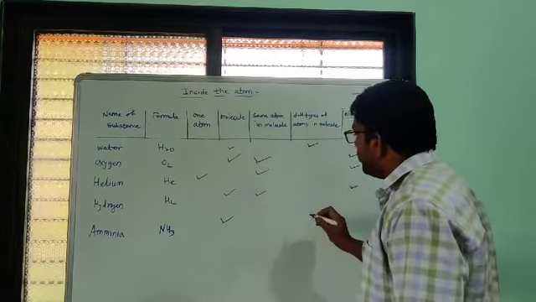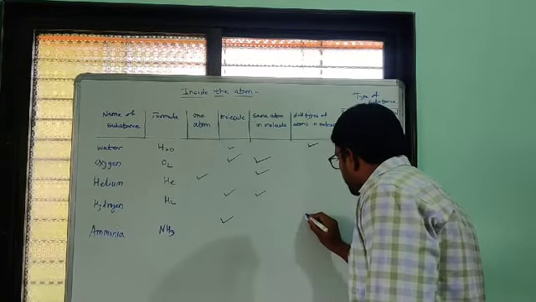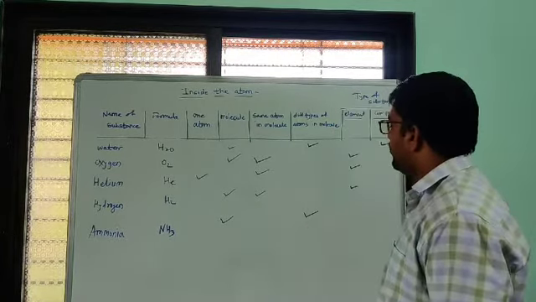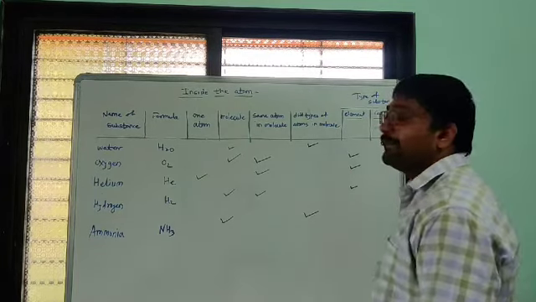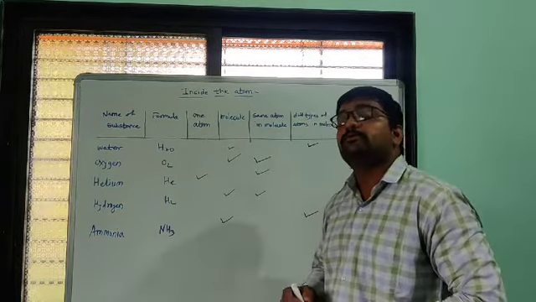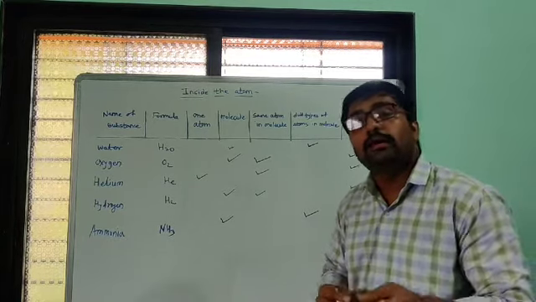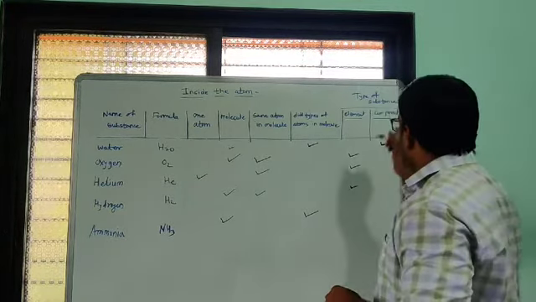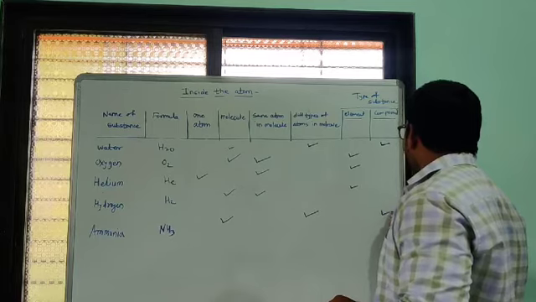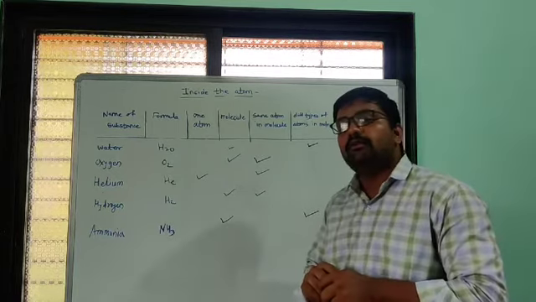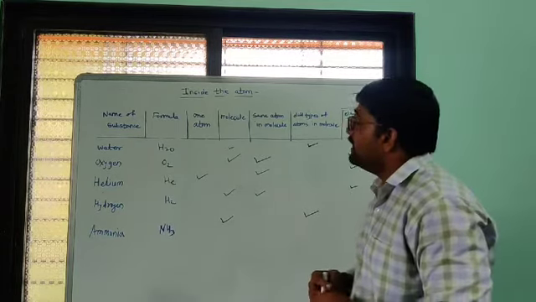Different types of atoms are present in this molecule. So if different types of atoms are combined to form a molecule of a substance, then such substances are called a compound.